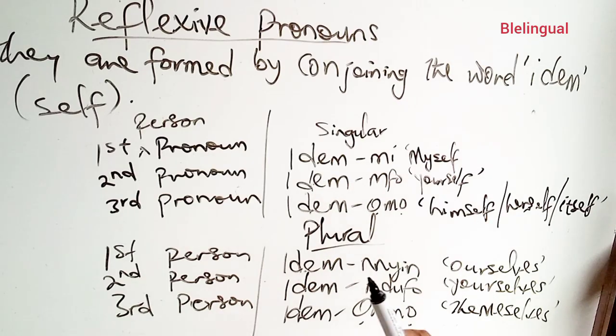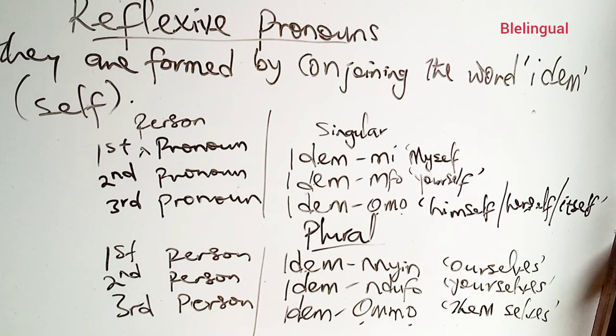For the plural, in the first person plural, we have idem nyen, that is ourselves. For the second person, we have idem ndufo, that is yourselves. And for the third person plural, we have idem ommo, that is themselves.